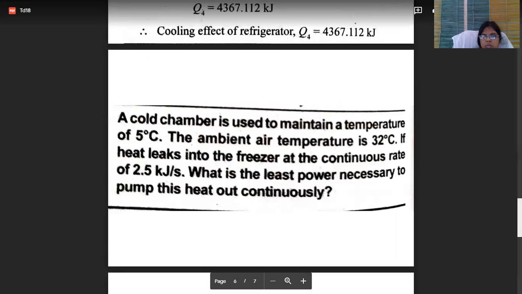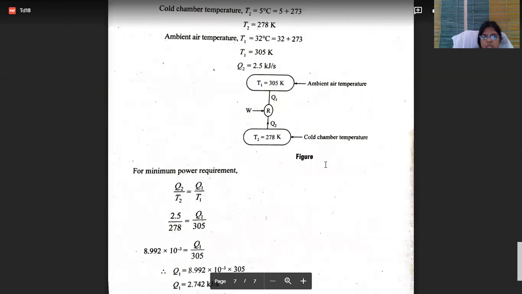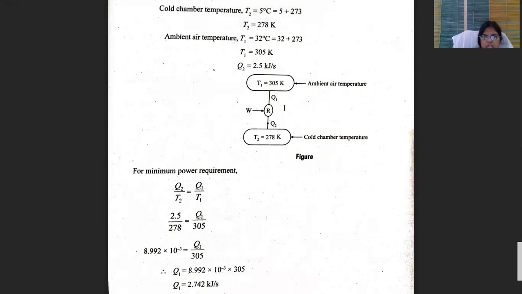So there is no confusion. The cold chamber is maintained at the lower temperature, and the cold chamber is nothing but refrigeration. In a refrigerator, we supply the work done, and we find out how much power is required to run the refrigerator.